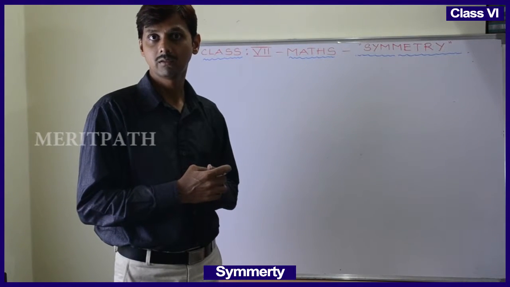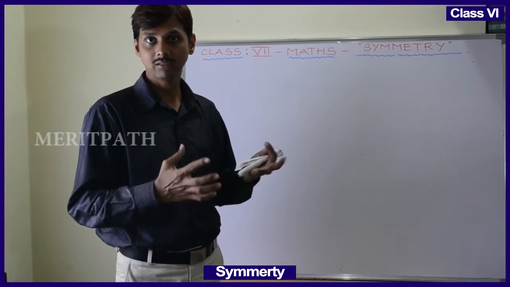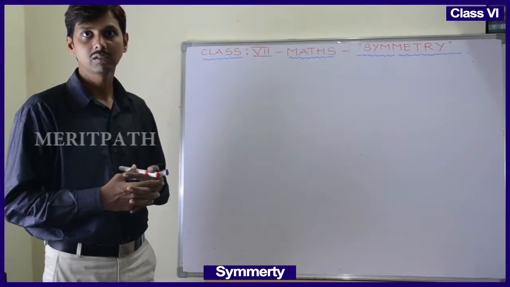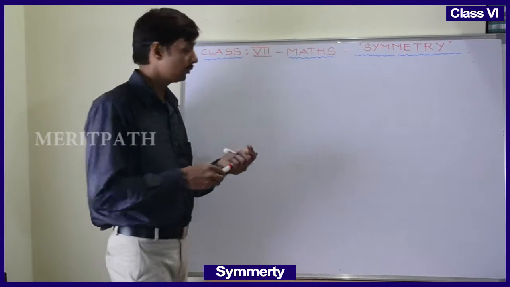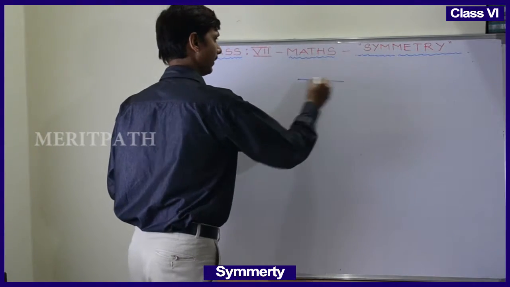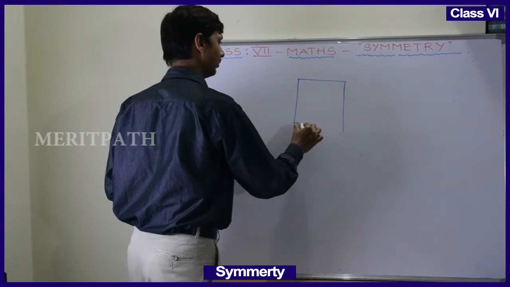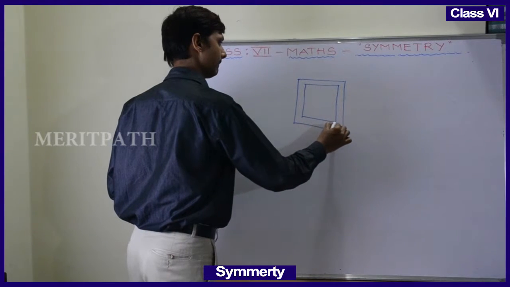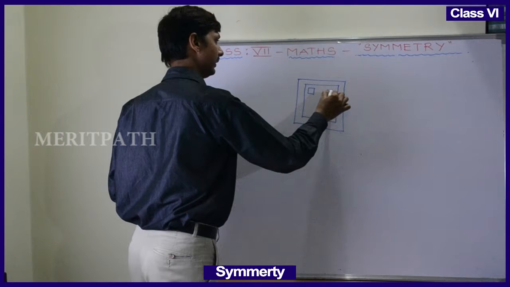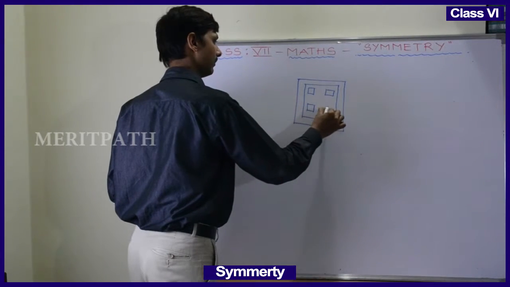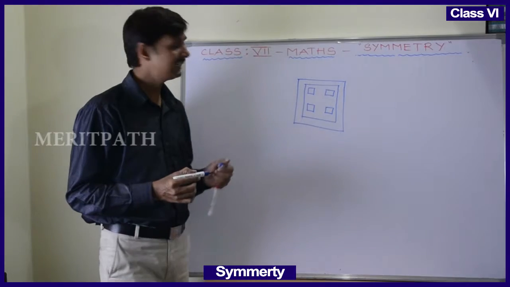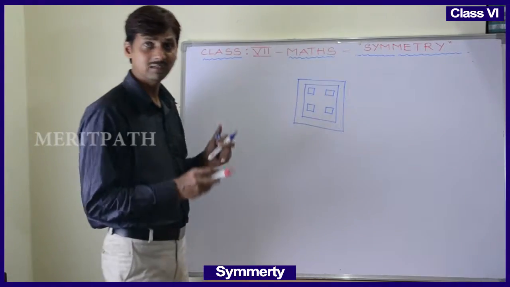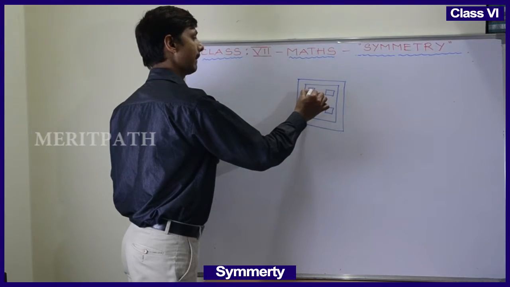For example, to construct a building, we need to use the concept of symmetry, because a building is constructed the same on each side: the doors and windows. So it's constructed, for example, in this manner, and this is the building, and windows are constructed in this manner.